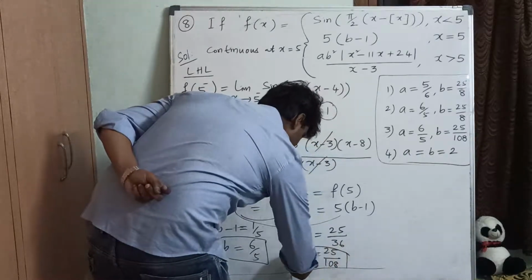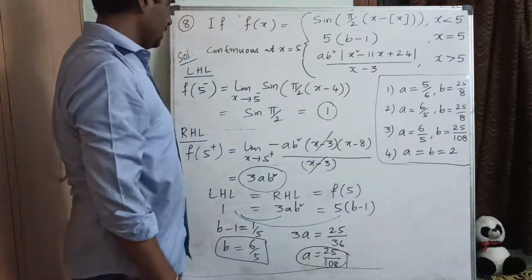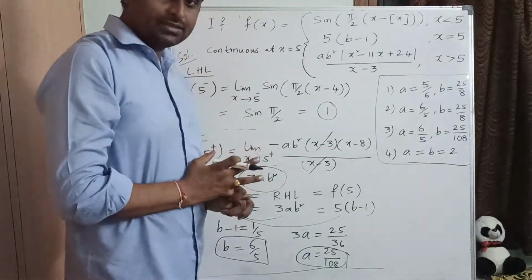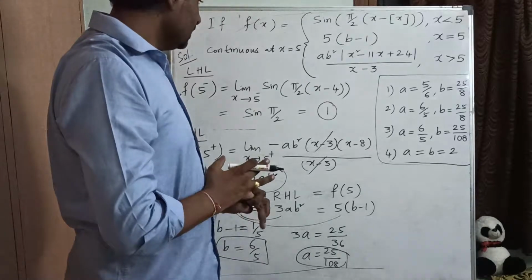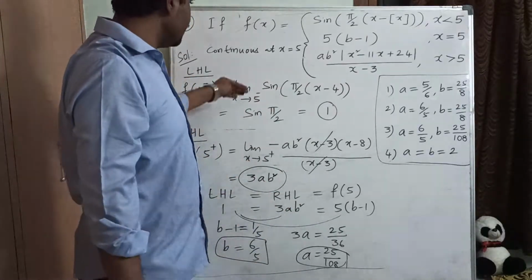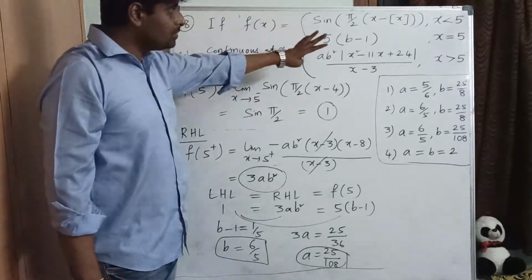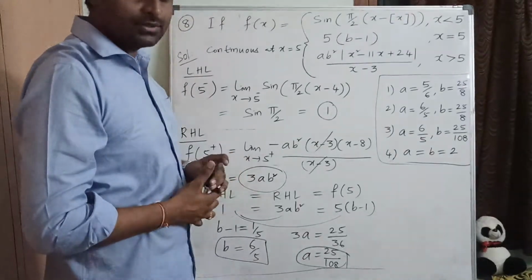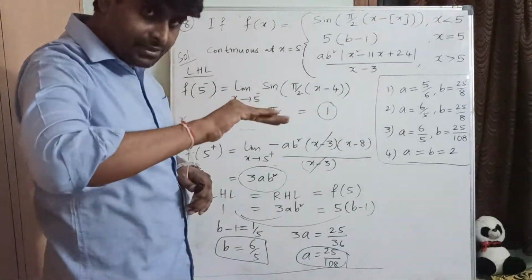So clear? Hope you understood. At the end, for every function, LHL equals RHL equals function value. We are just going through the basic concept. Whenever a function is continuous, LHL must be equal to RHL, and that must also equal the functional value. Then only is it completely continuous.